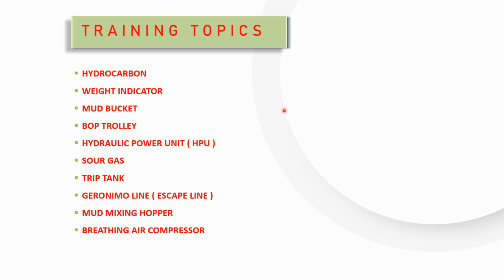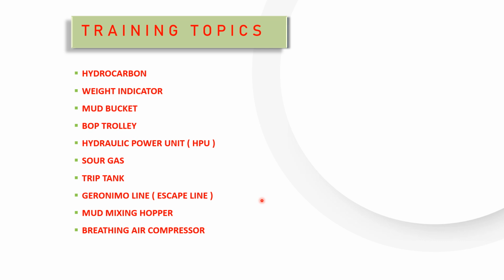So today's topics are hydrocarbon, weight indicator, mud bucket, BOP trolley, hydraulic power unit, HPU in short, SOR gas, trip tank, Gimo line, escape line, mud mixing hopper, breathing air compressor.